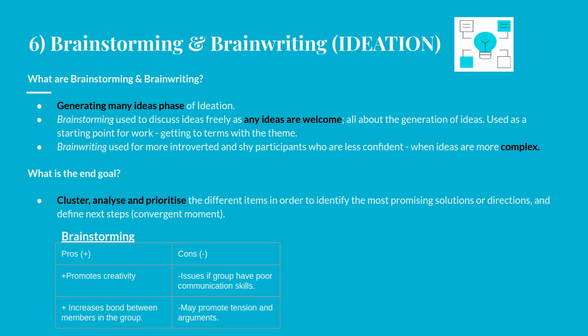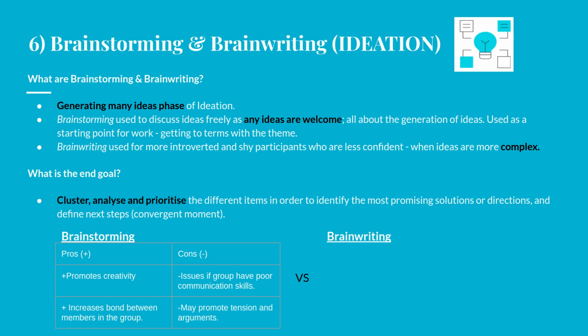However, a con for brainstorming is that there may be problems if the cohort may have poor communication skills, making points come across difficult. There can also be problems in terms of a potential tension and arguments arising, as some people may judge others' ideas and statements, creating a negative atmosphere.